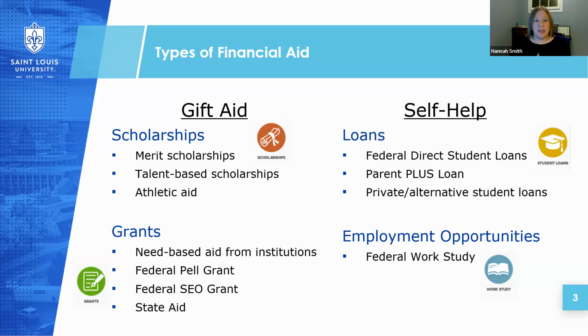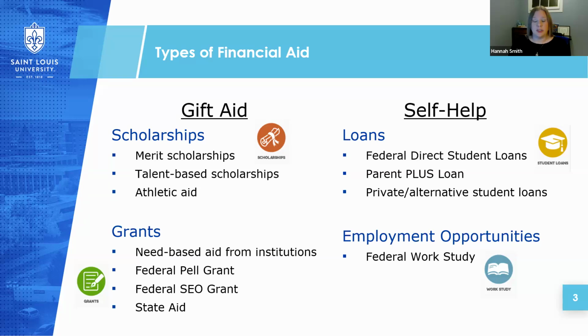Scholarships, think of these pieces of aid as rewarding your student for achievements they've gained over their high school careers. So merit scholarships for academic achievement based on ACT or SAT, talent-based scholarships based on extracurricular and co-curricular involvement in high school, and maybe some athletic aid based on athletic prowess and wanting to continue in a sport in college.